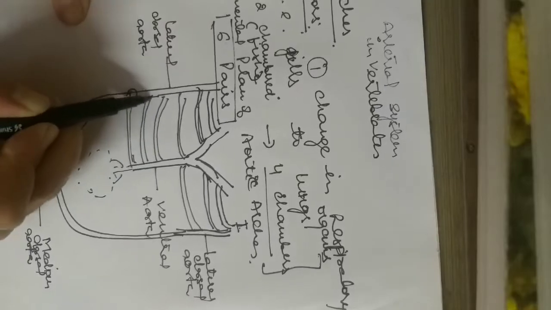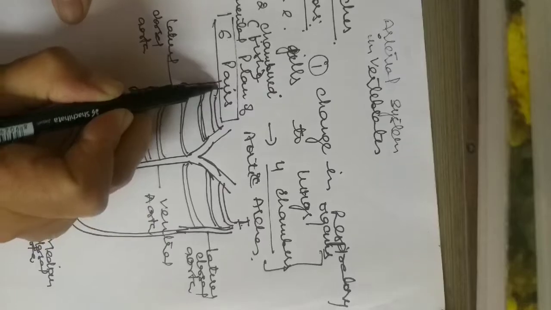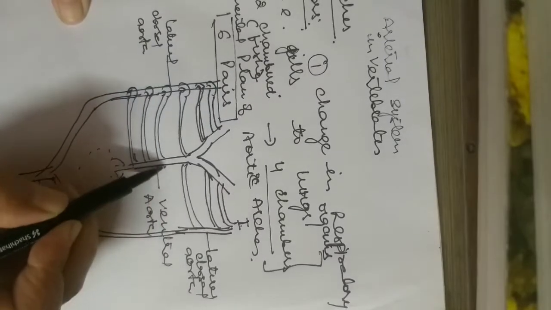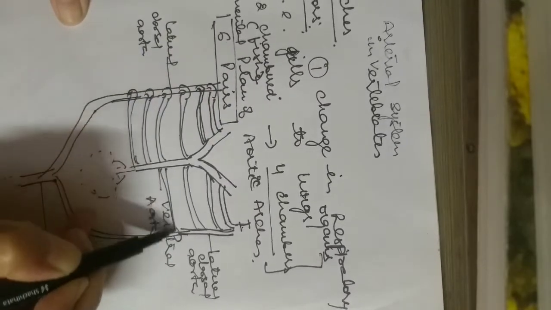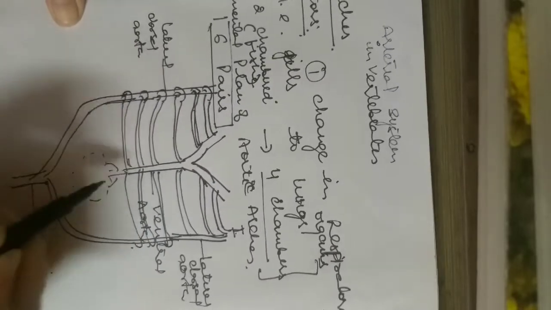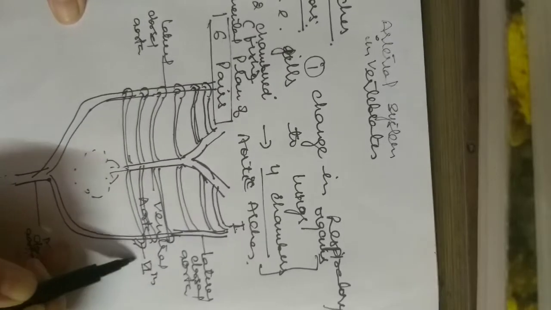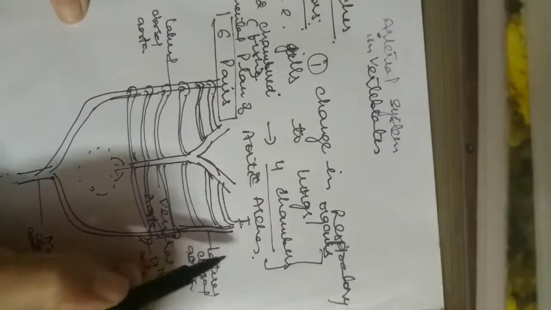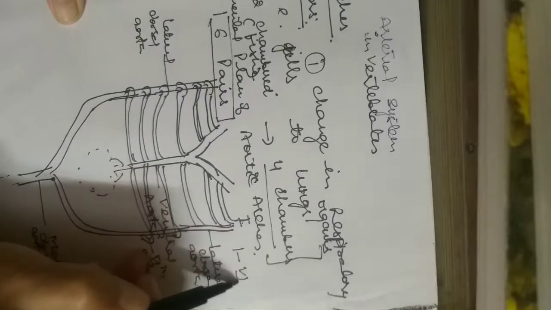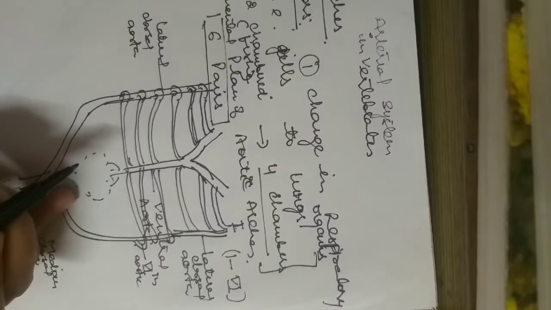They are joining the lateral aorta like this, and a similar thing is seen on the other side also. So these are the 1 to 6 pairs of aortic arches, which is the basic plan.